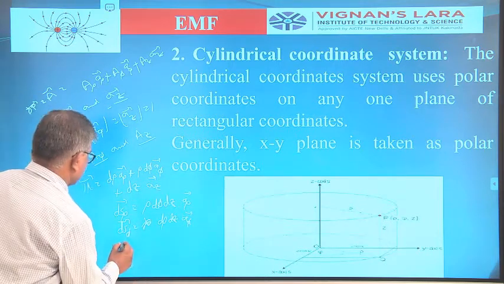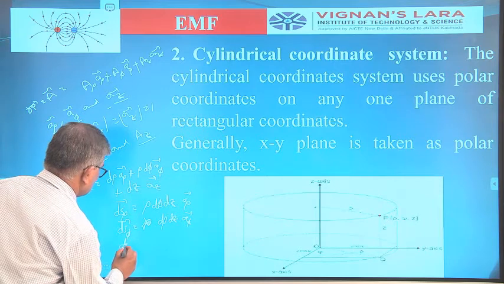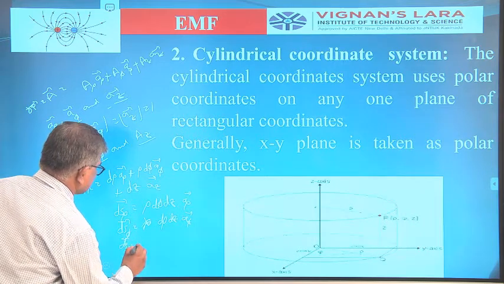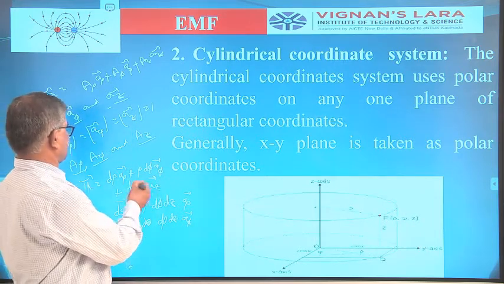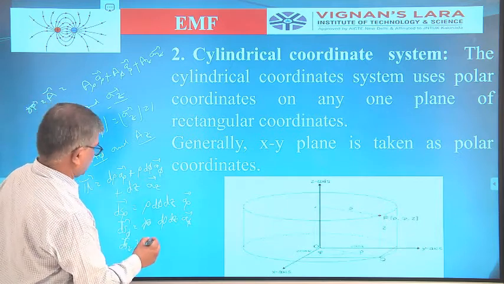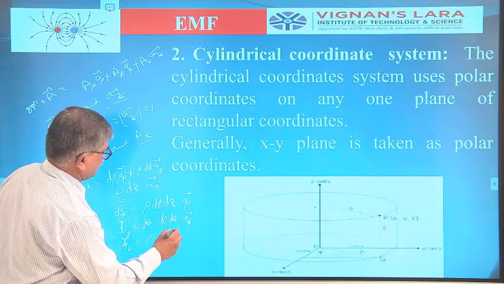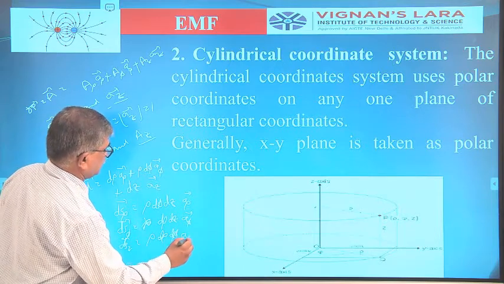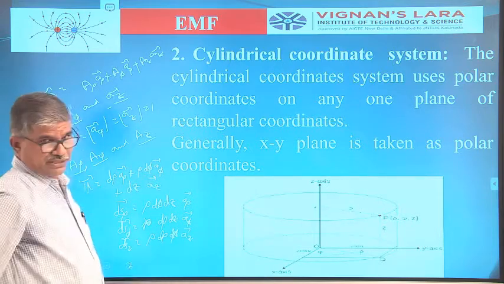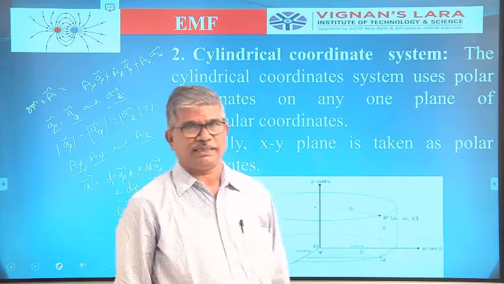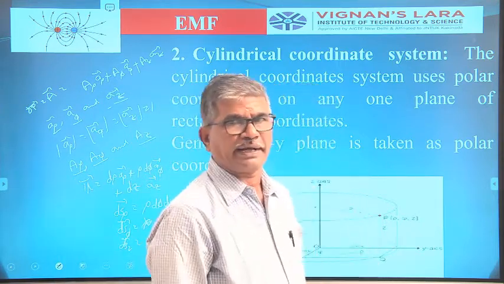The surface area normal to the z axis is the product of these two components, so rho d rho d phi az bar. These are the differential surface areas of the cylindrical coordinate system.